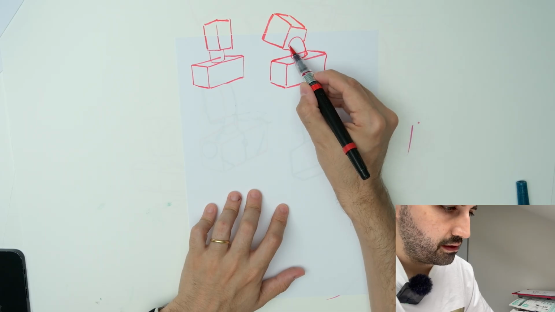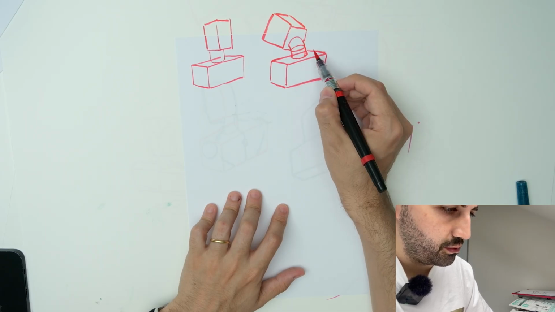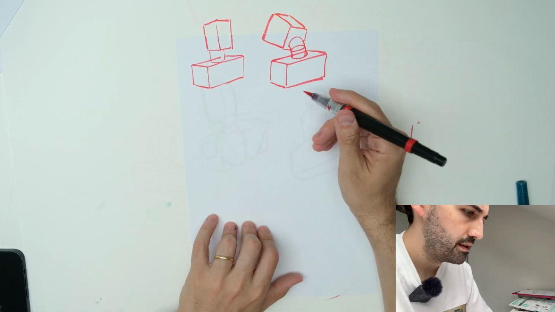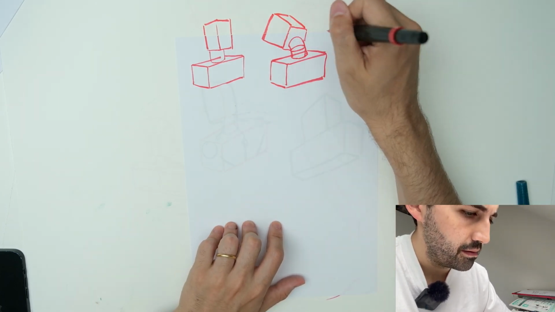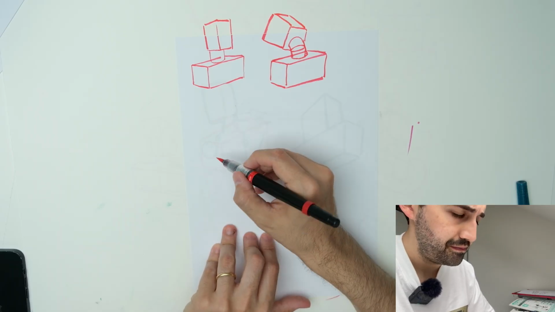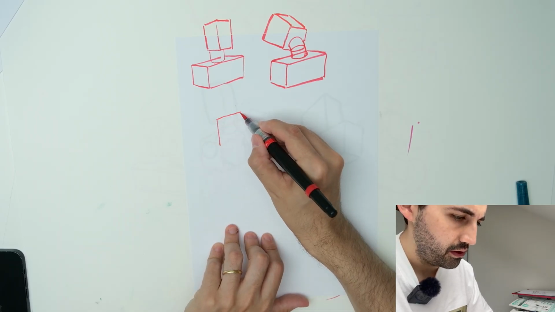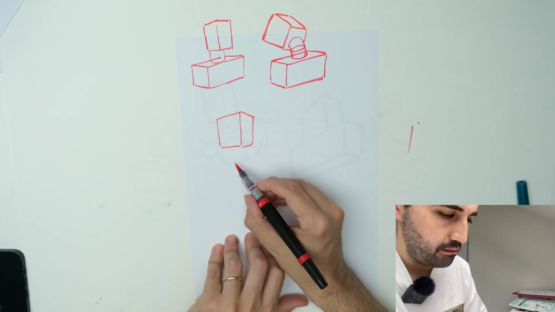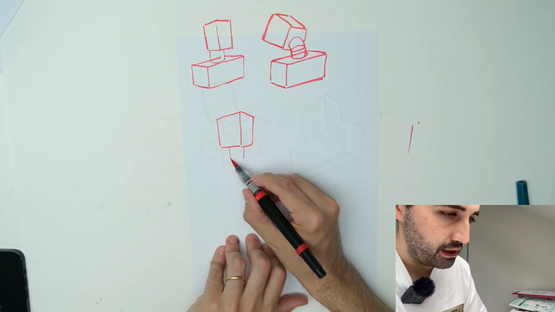So here I'm twisting. You see that I'm applying some twist form into here. And even my shapes are not the most correct right now. Don't be overly focused with making the shapes overly correct.